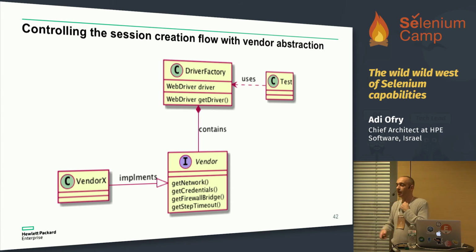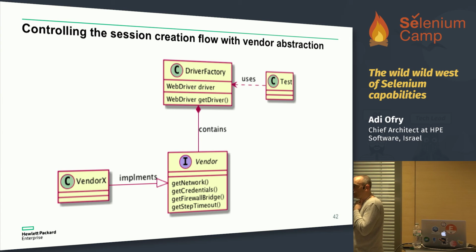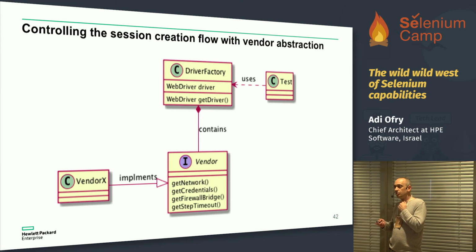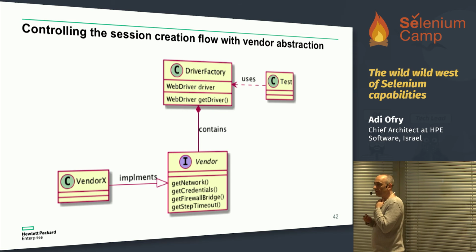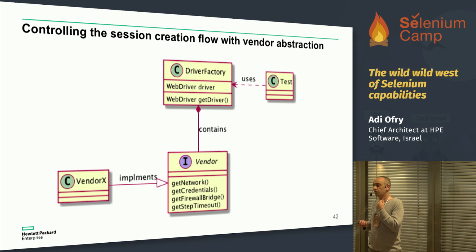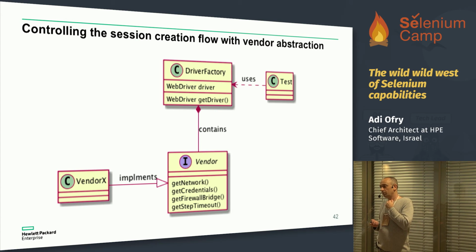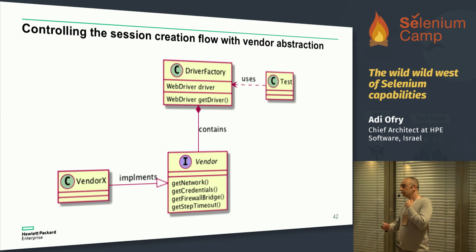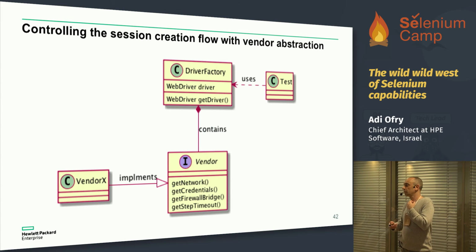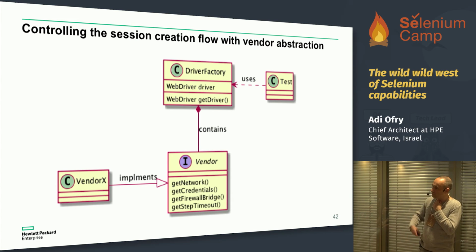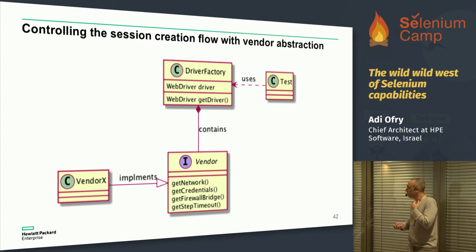It has a getDriver method, and every time it's called, it checks if it already has this capability that you are asking for, and it saves it internally, doesn't release it. And every time you call getDriver, it will return something that was already initiated.